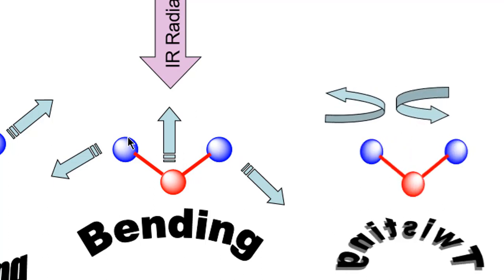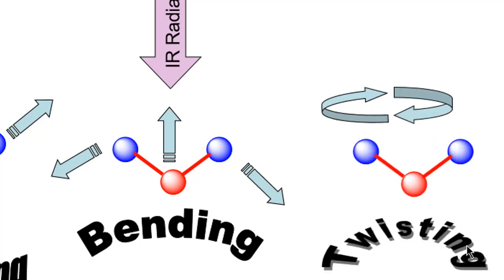And then you can also have twisting, where the entire molecule rocks back and forth. You can imagine grabbing the blue atom on the right and the blue atom on the left and turning them, like turning the handlebars if you were riding a bike, left to right. That's the molecular motion of twisting.